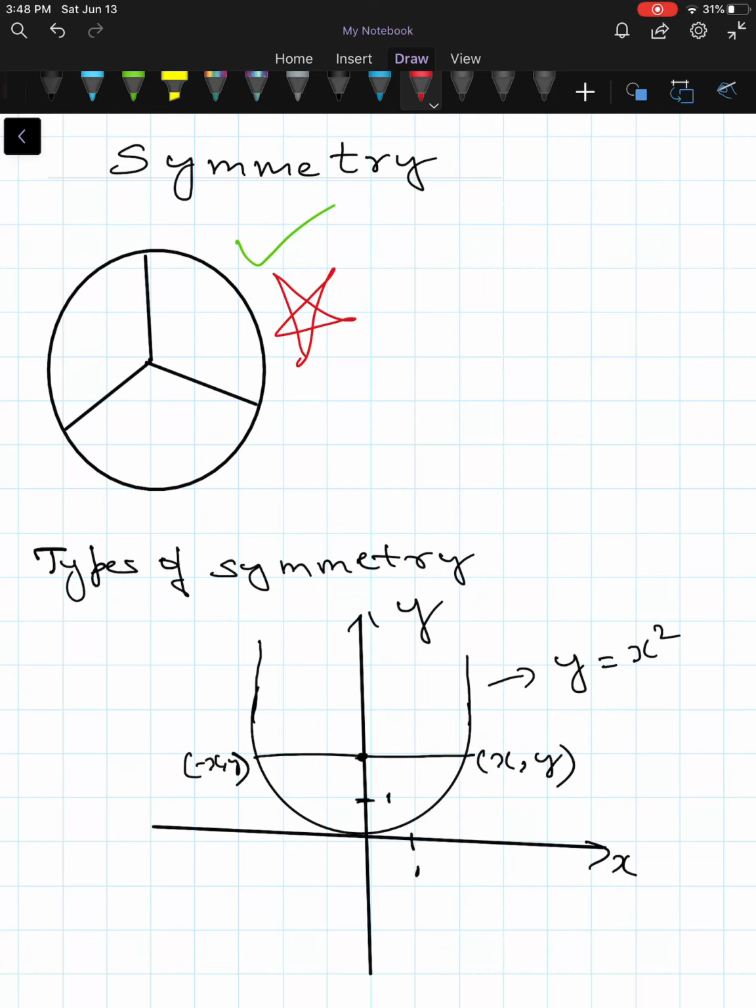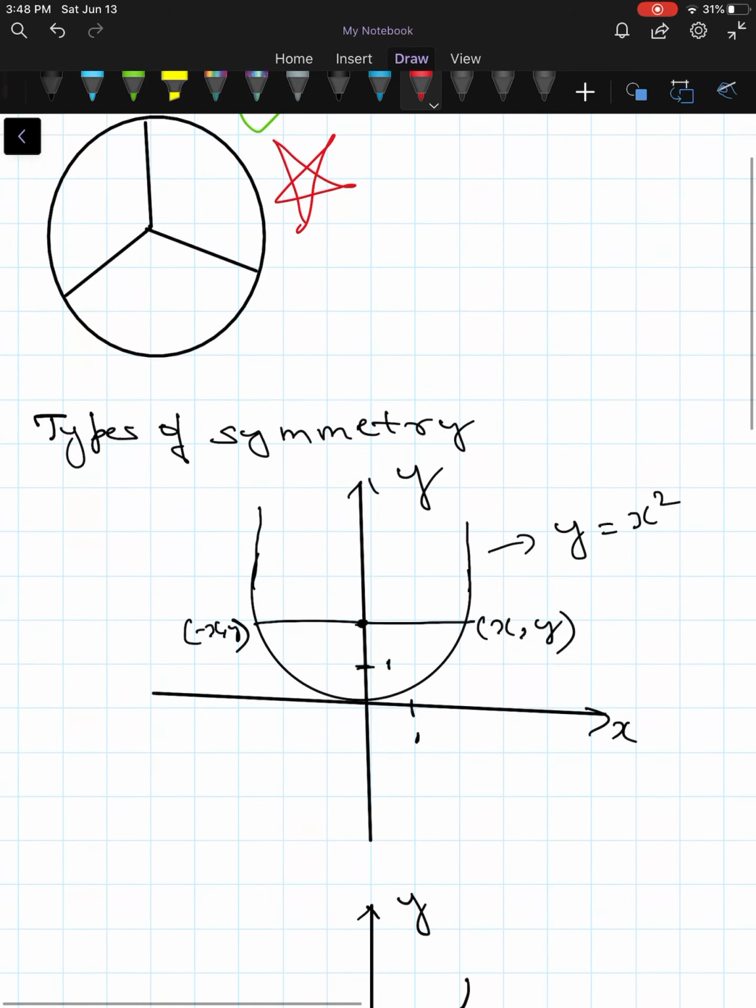The same thing applies to a given sketch of a graph. If you have a graph, you can have mirror images along the x-axis, along the y-axis, or at the origin. Based on the mirror images of the graph, you divide the symmetry into three types. So, types of symmetry.